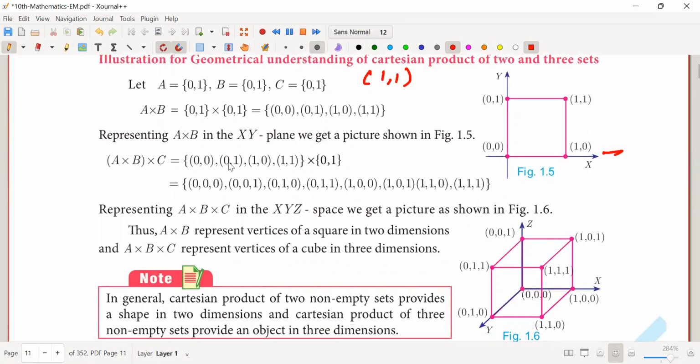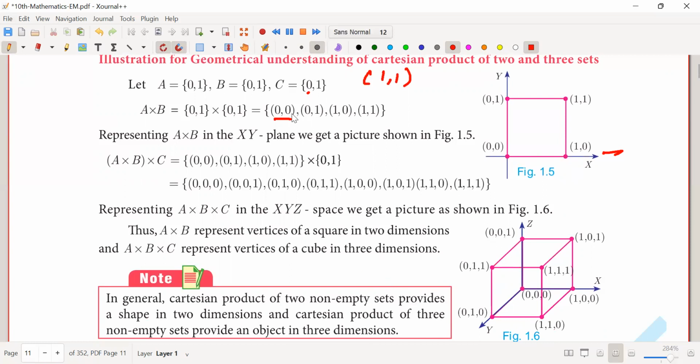Then check this: A cross B cross C. So A cross B is this: (0, 0, 0), (0, 0, 1), (0, 1, 0), (0, 1, 1), (1, 0, 0), (1, 0, 1), (1, 1, 0), (1, 1, 1).